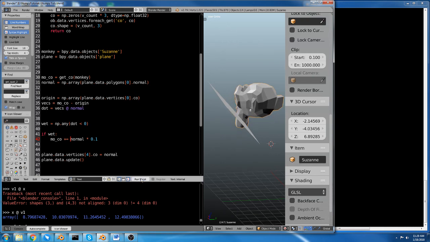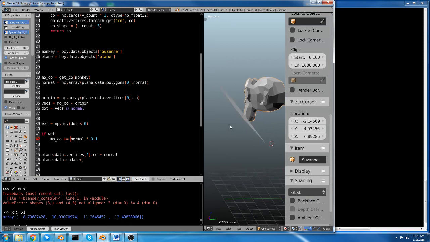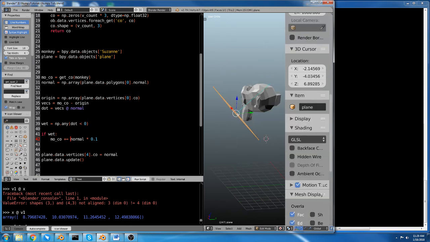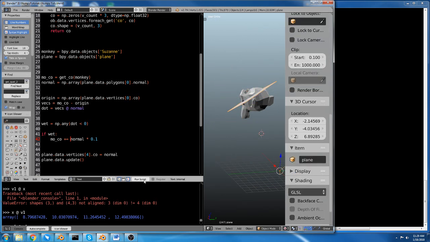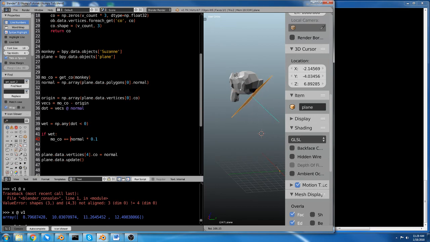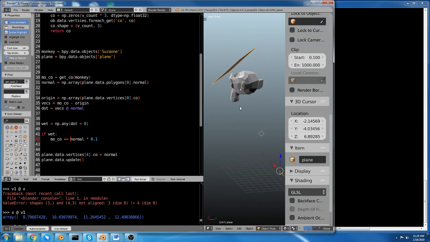So she goes in the direction of the normal, she gets there, and she stops. And now that we've got this set up, it wouldn't matter which direction this plane is pointing. She's going to move in the direction of that plane until she stops. Clear as mud. She's not going to move, obviously. Now she's going to move that way.